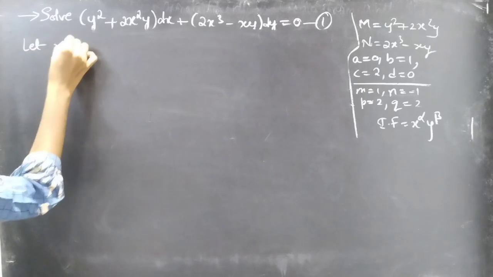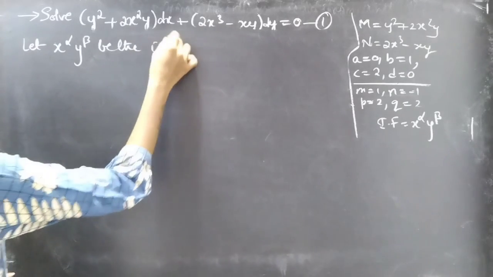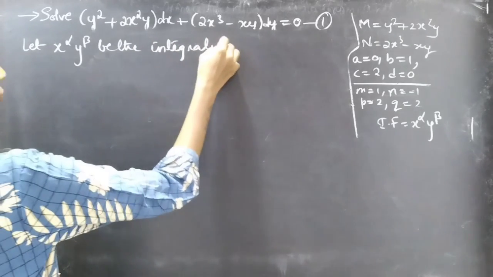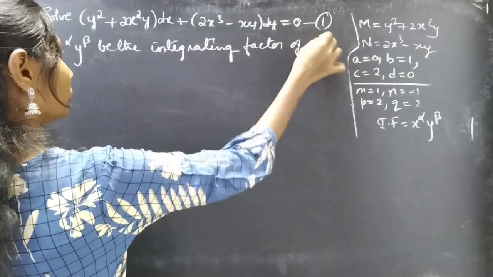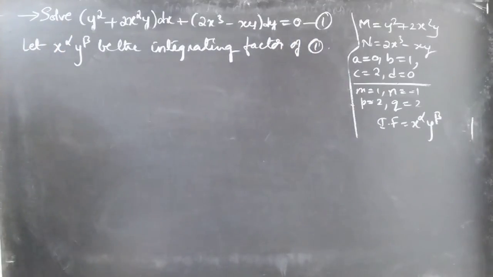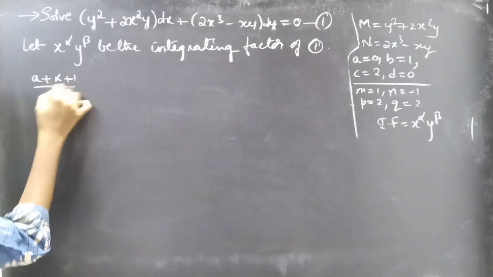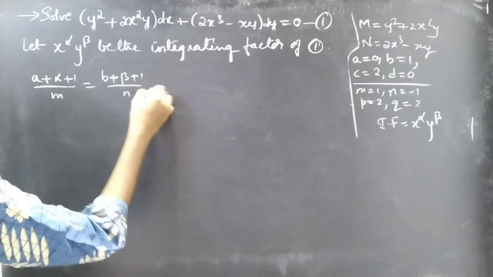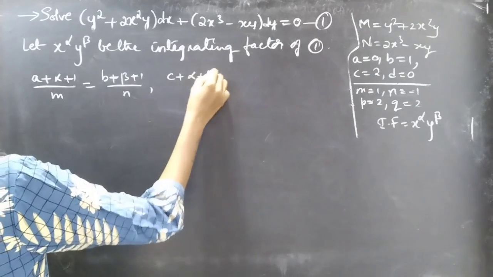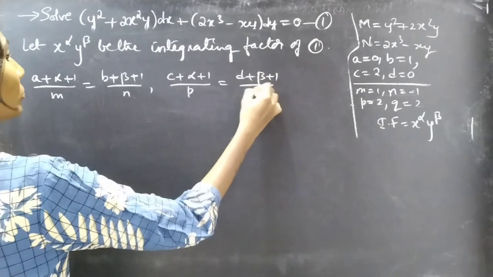Let x power alpha y power beta be the integrating factor of 1. We'll find alpha and beta using some formulae. a plus (alpha plus 1) by m equal to b plus (beta plus 1) by n, and c plus (alpha plus 1) by p equal to d plus (beta plus 1) by q.